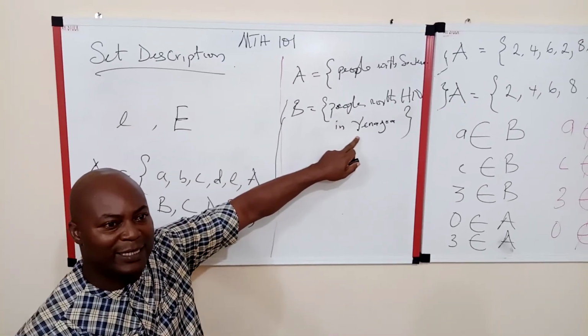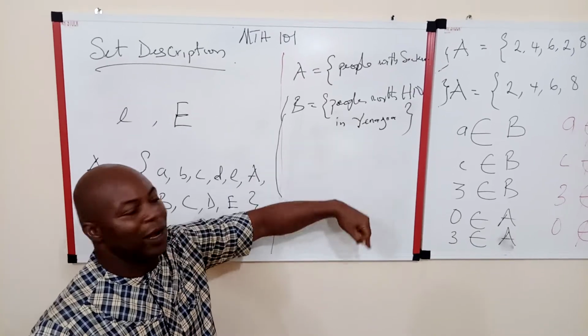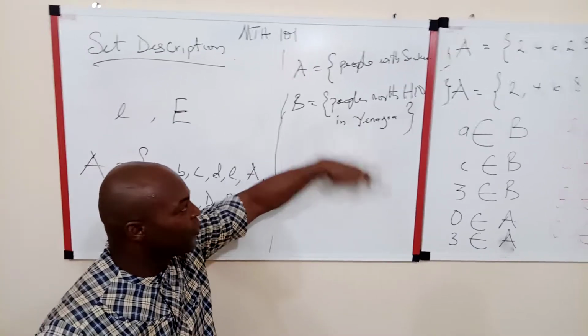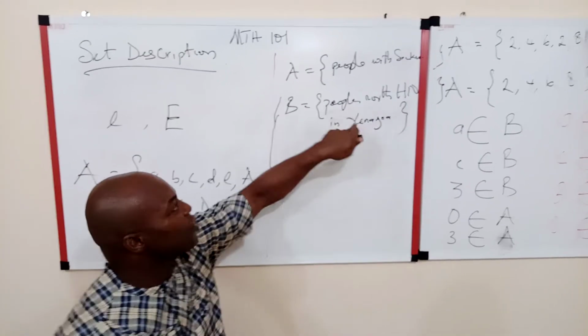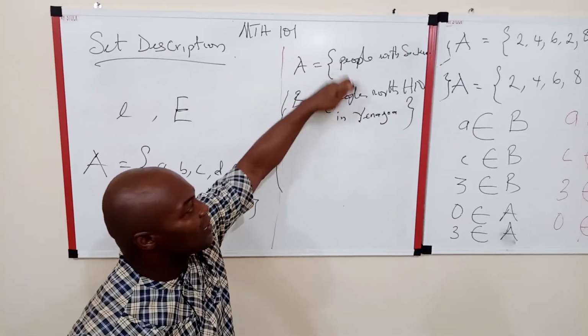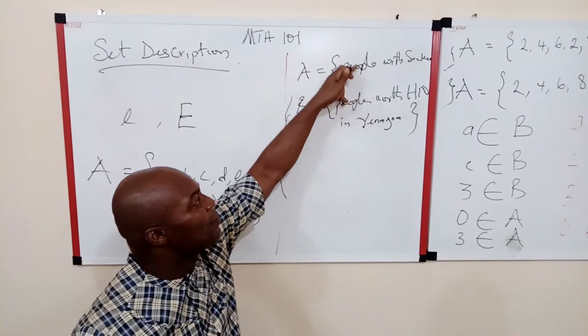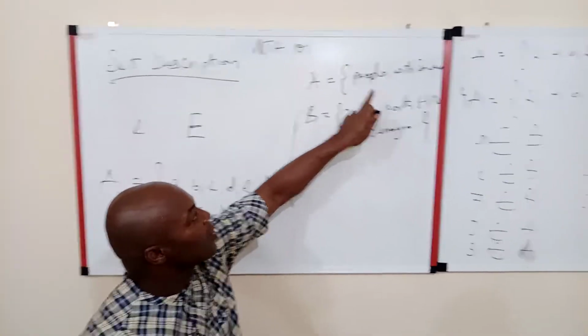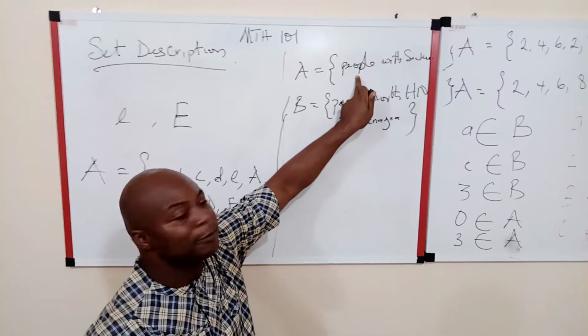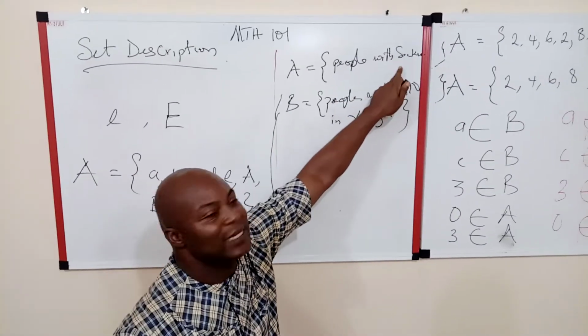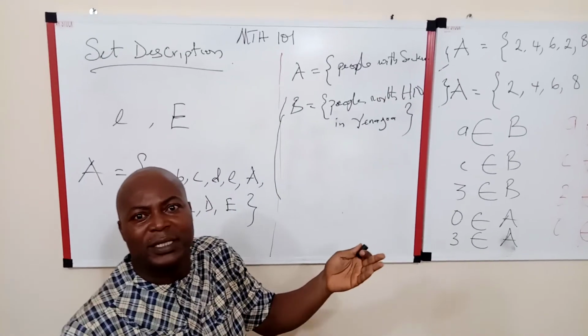Well defined in the sense that you can go to Yenagoa and fish out all the persons with HIV. Now the question here is, in these two statements, are they the same? Will the elements be the same? Given two students to determine the number of this set, they might come forth with different answers.